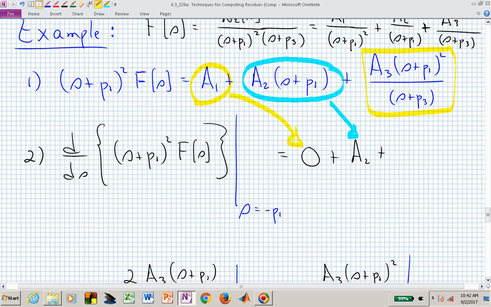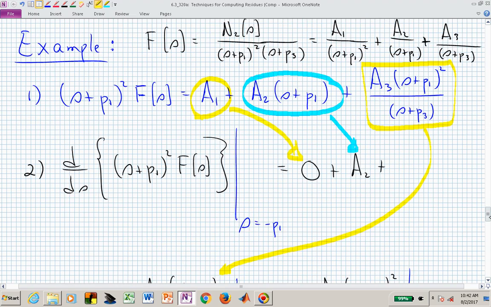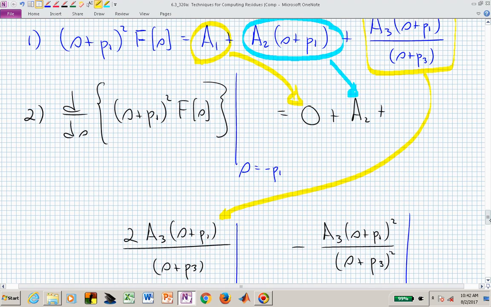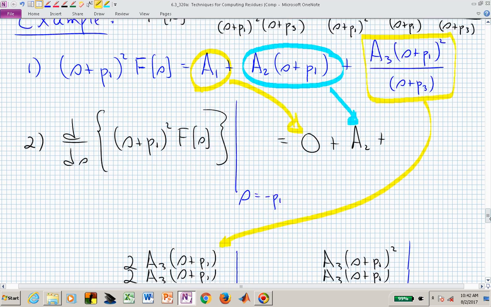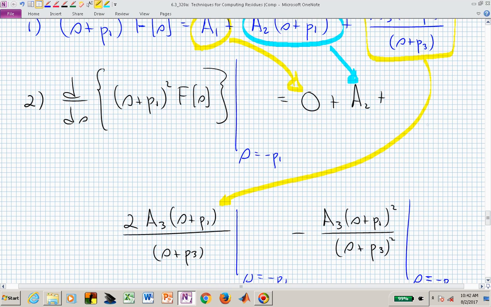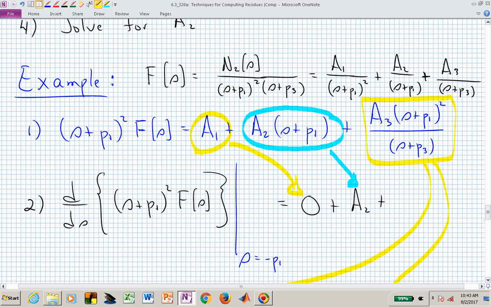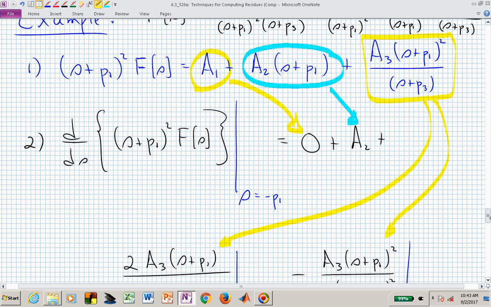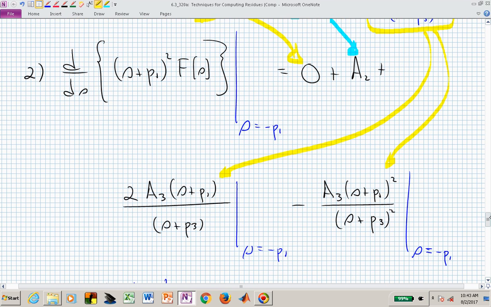That's a little bit ugly because it's now a quotient of 2 polynomials in s, but we now have the first piece, which is differentiating the numerator with respect to s, and that's now 2a sub 3 times s plus p1 over s plus p sub 3, and then we have another piece that is the result of the denominator being differentiated with respect to s. So there it's in the denominator. We have minus a sub 3 times s plus p1 squared over s plus p sub 3 quantity squared.